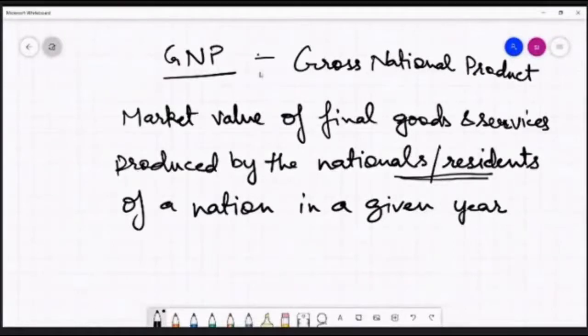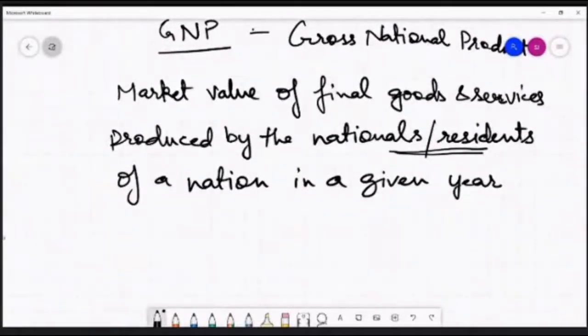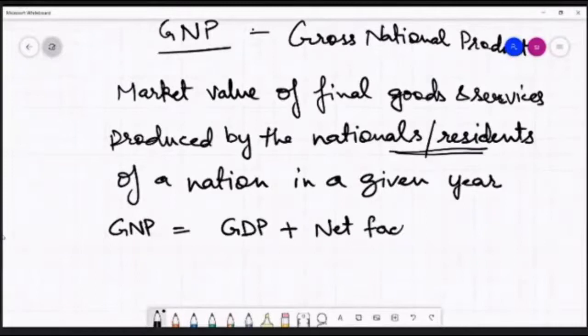And generally, when we define GDP and GNP, we say that GNP is equal to GDP plus net factor income from abroad.